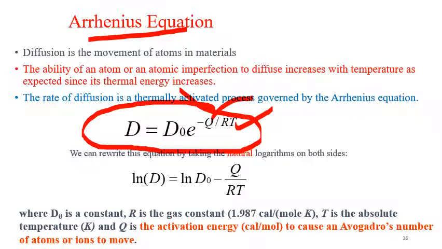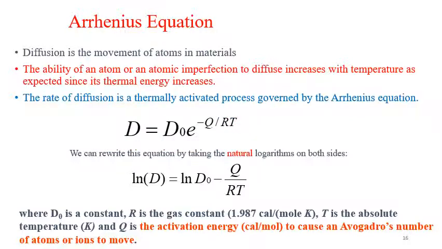Diffusion of atoms in a crystal without any imperfections is difficult, so increasing the temperature, which supplies the energy, will accelerate the diffusion within the crystal structure.